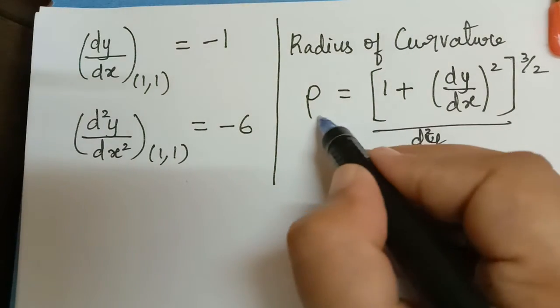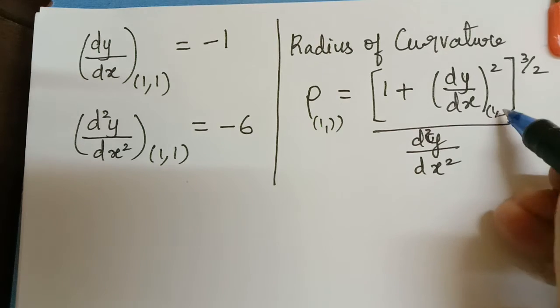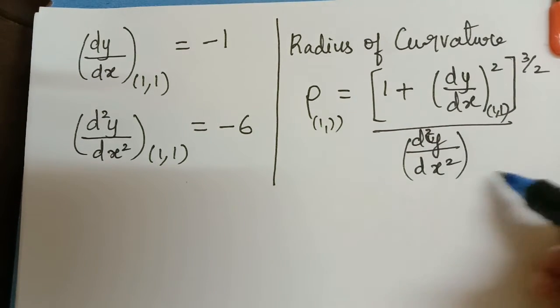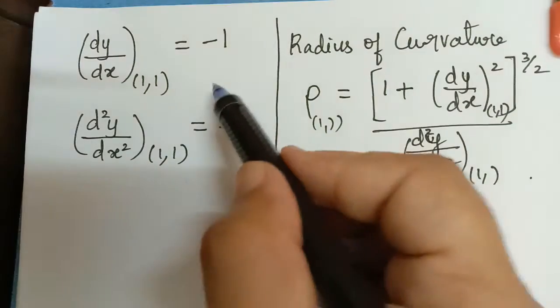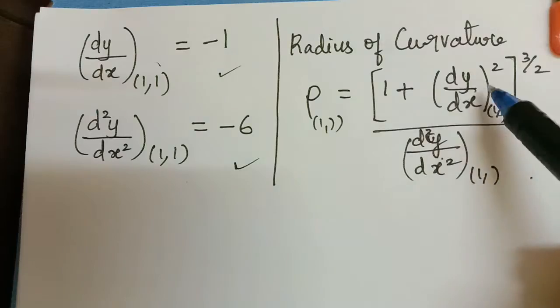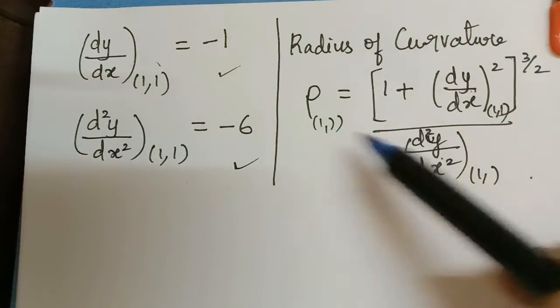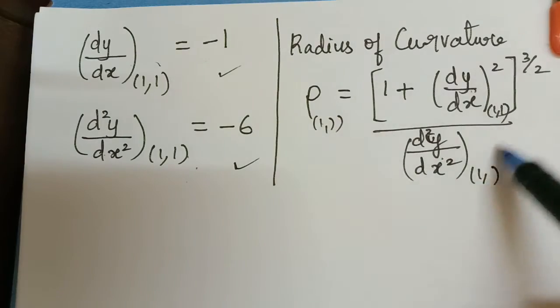Now at the point (1, 1) we have to evaluate. So here also at the point (1, 1) and this also at the point (1, 1). But we have already evaluated these two and we have it here. At the point (1, 1) we have evaluated this term and this term also I have written here. Now let us substitute these two values in this formula.